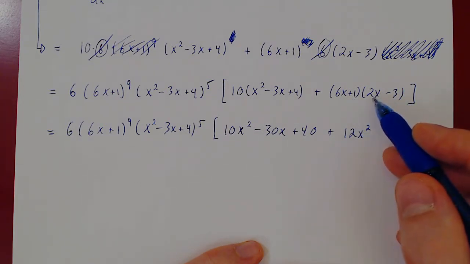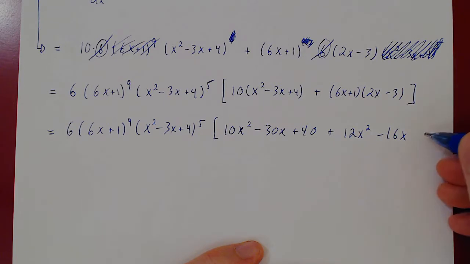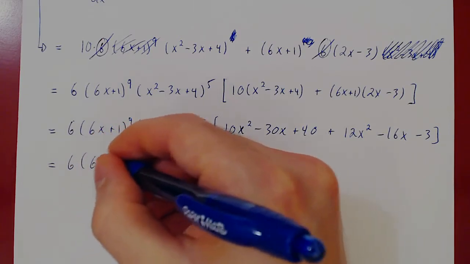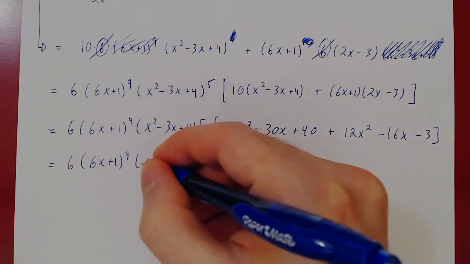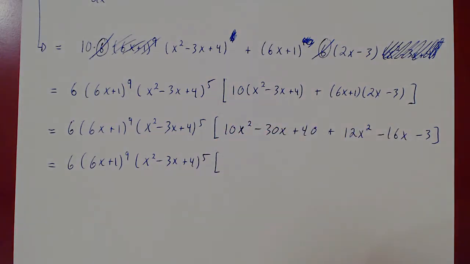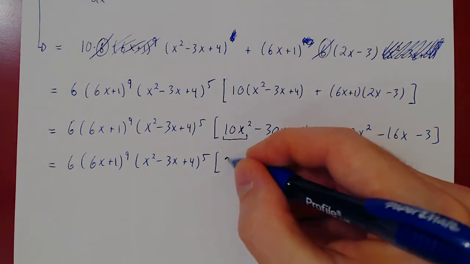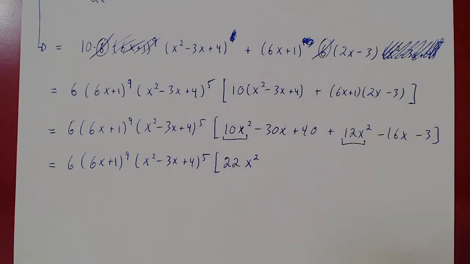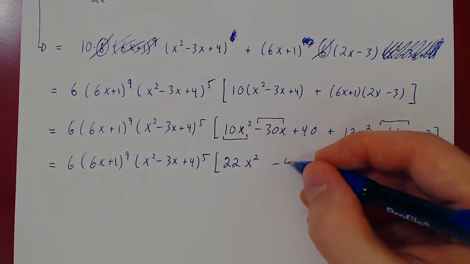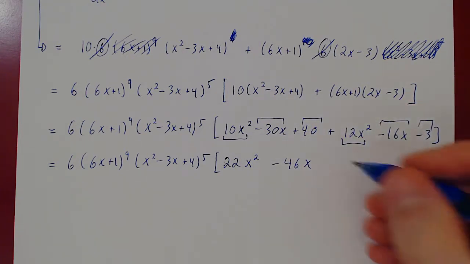Positive 2x, that gives us negative 16x. Plus 1 times negative 3, negative 3. And now we can simplify. Multiples of x squared: there's 10x squared plus 12x squared. That's 22x squared. Multiples of x, negative 30x, negative 16x. That's negative 46x. And the constant terms, positive 40 minus 3, negative 37.